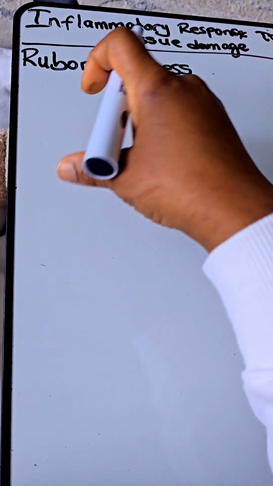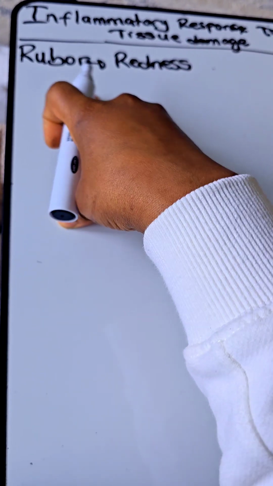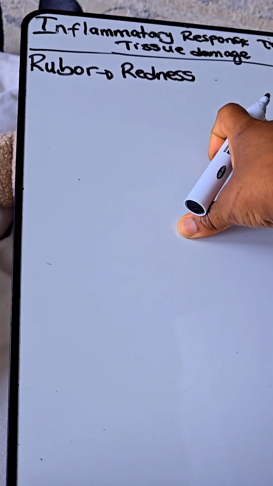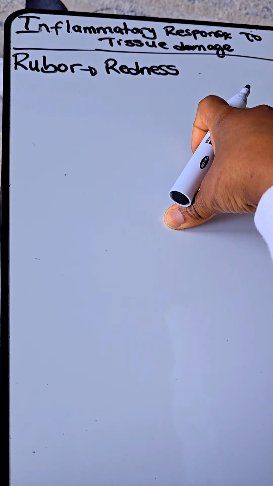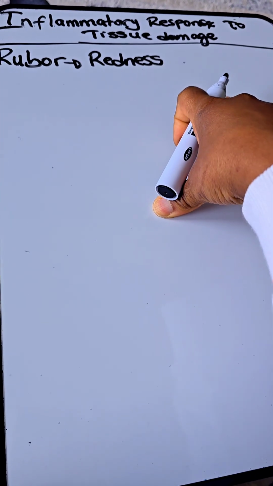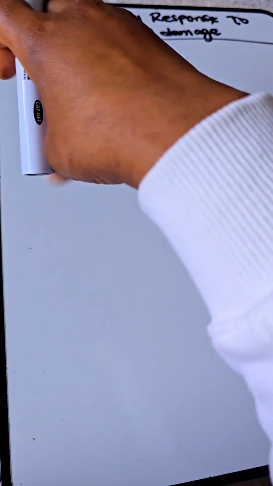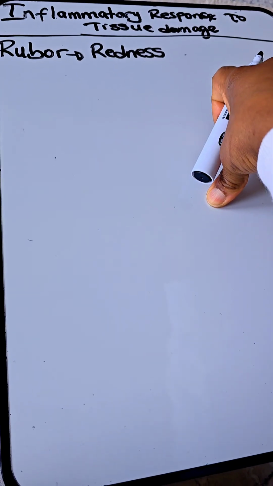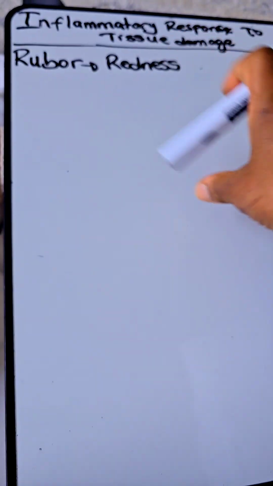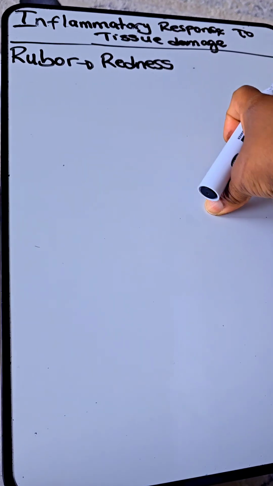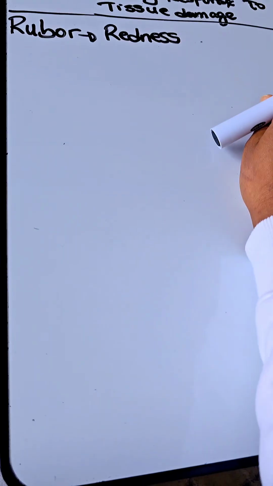So the signs that you will see in this instance, usually it was four, but they have added one more, a fifth sign, and I would love for you to watch the video to the end to know the fifth sign, to be able to recognize when your patient is deteriorating and how to escalate this appropriately and how to document it.